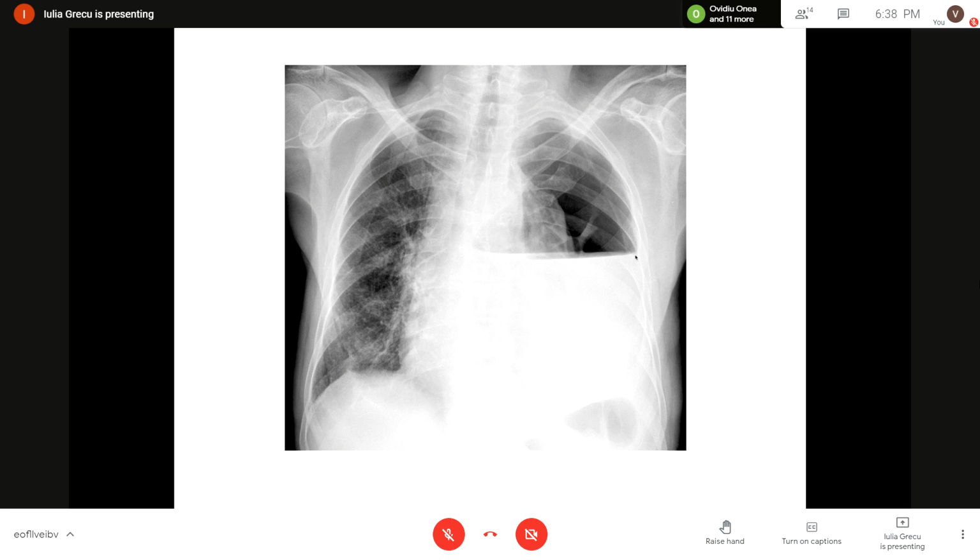You have to keep in mind every time you see this perfect horizontal line, and you have to distinguish it from that concave meniscus that we see when we deal with a simple free pleural effusion, which looks like this. So this is a concave border, and this is a perfectly horizontal border. And this is typically seen in the air fluid levels due to hydropneumothorax.